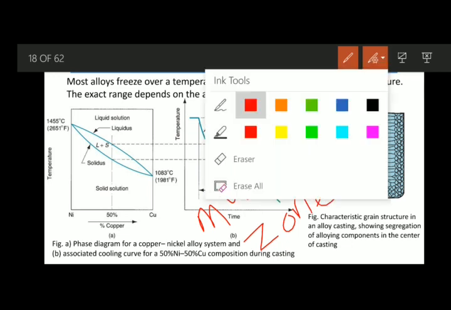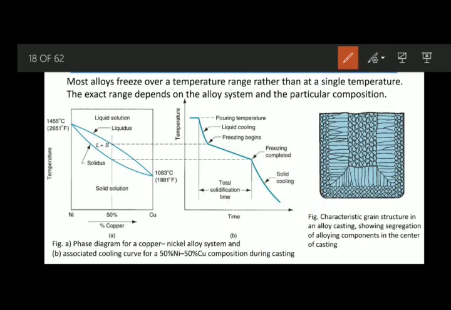Now just like the previous case, towards the side of the wall there will be a zone of small grains having random orientation. After that, this mushy zone will be there, and sometimes segregation happens here.